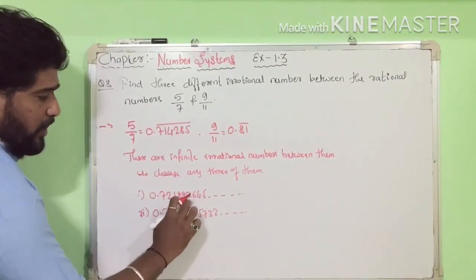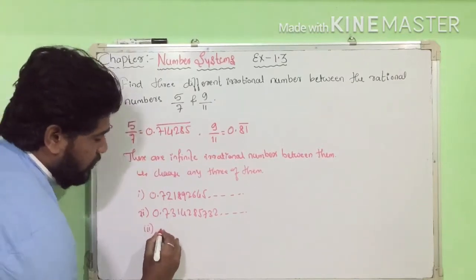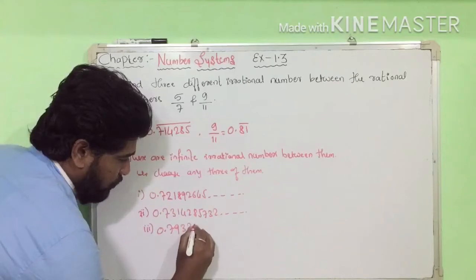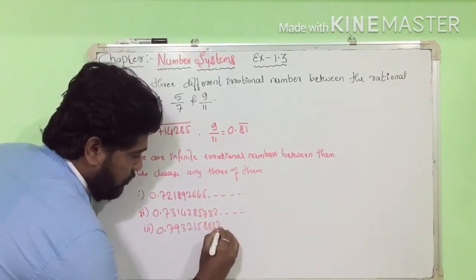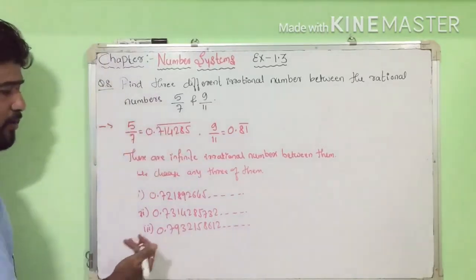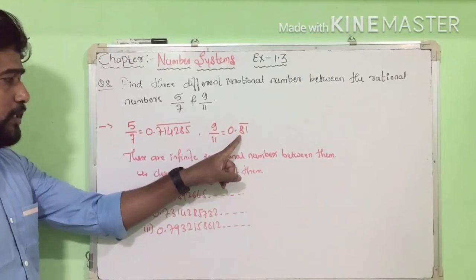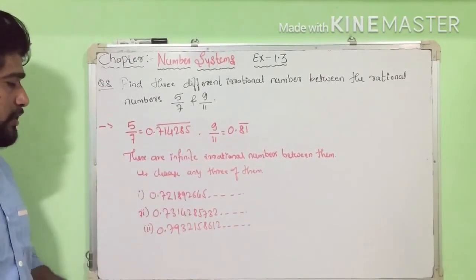The third one is 0.793215861 and so on. It is also non-terminating, non-recurring. Smaller than this one and greater than this one, they lie between these two, right? So three examples are there.